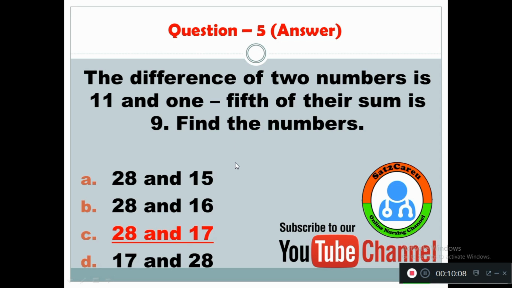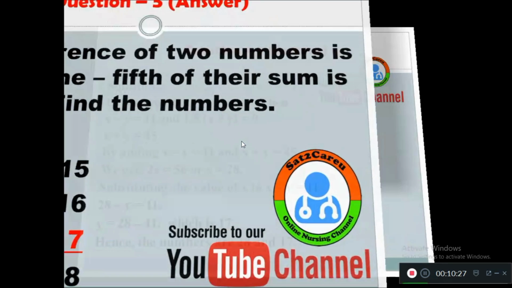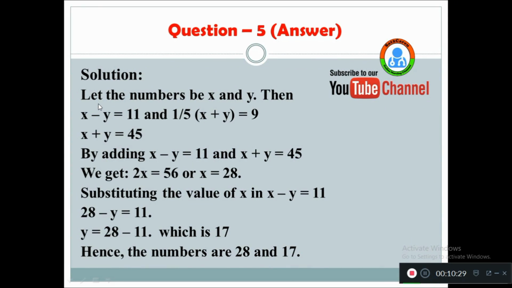Before going to the solution, read the question again. The difference of two numbers. So we have two numbers that you can assume as x, y or a and b. That will be 11, and 1/5 of their sum is 9. Find the numbers. So now the solution, you can see this.